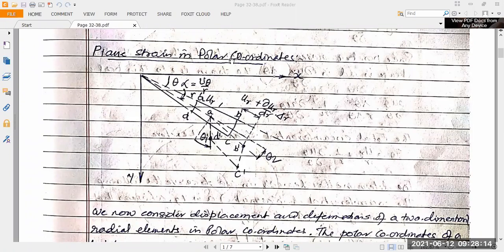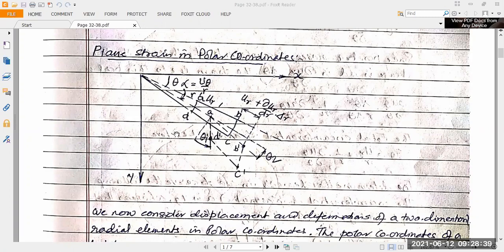which is defined as r into delta theta. Here r is the distance of the point A from the origin, and delta theta is the angle subtended by this small arc. So AD is the circumferential length, r delta theta.